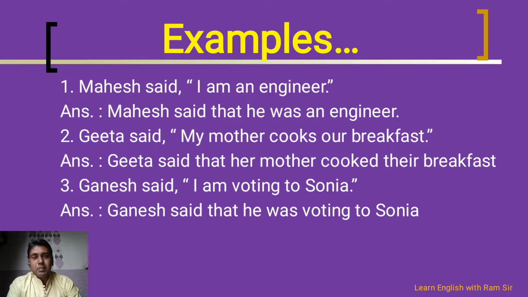The second magical rule is use conjunction that to connect the sentence or to remove the inverted commas. And the third magical rule is here, that is, you have to change the pronouns, words and the tenses as per the table we have just discussed. So let's see few more examples.